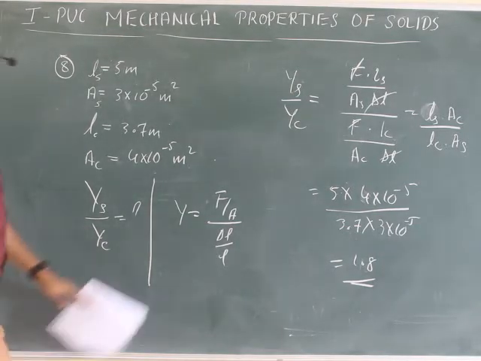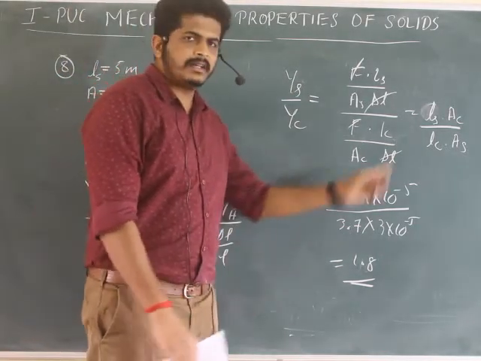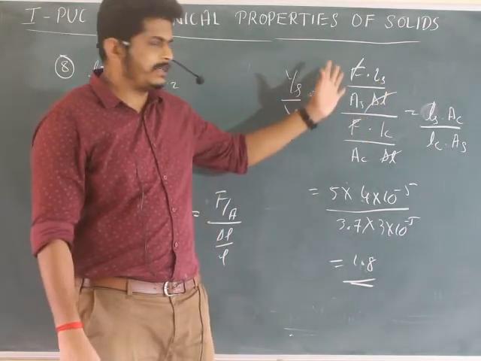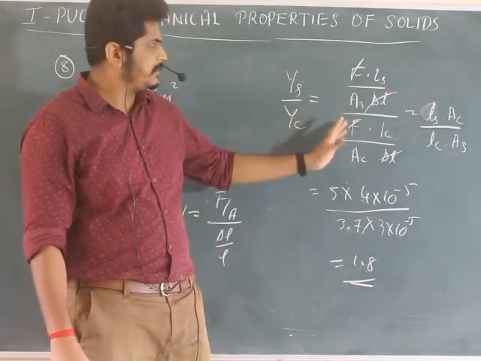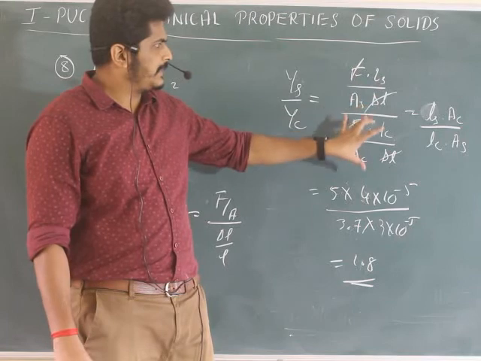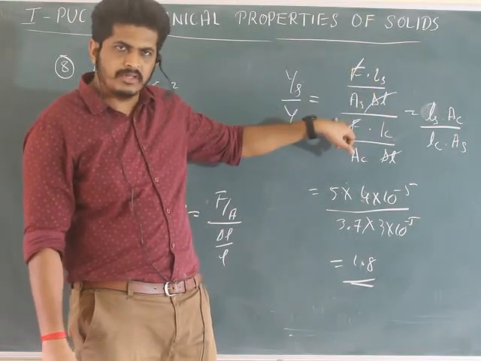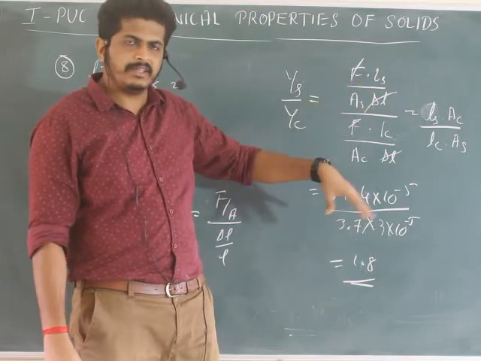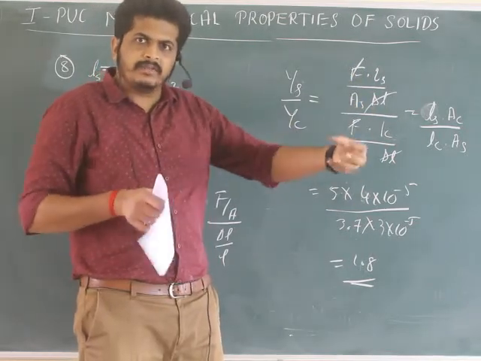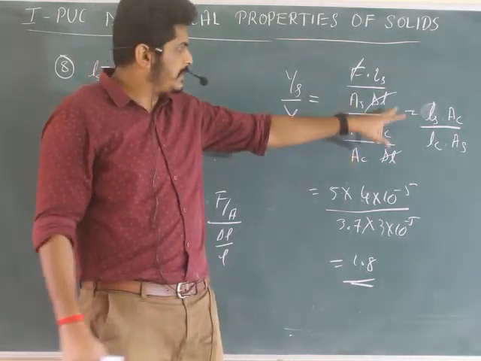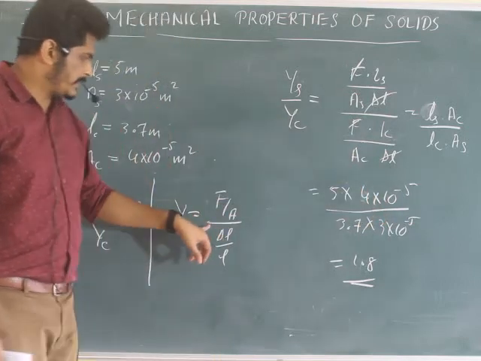Question number 8, what I have solved. Here, it is your high school mathematics, there is nothing new here. So carefully apply that and cancel the common terms. They are stretched by the same force. They are stretched by the same amount. That means the extension, the extra length which is increased, is one and the same. So delta L cancels. That is why I have taken it like that.